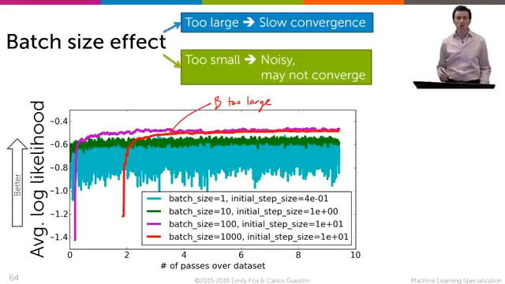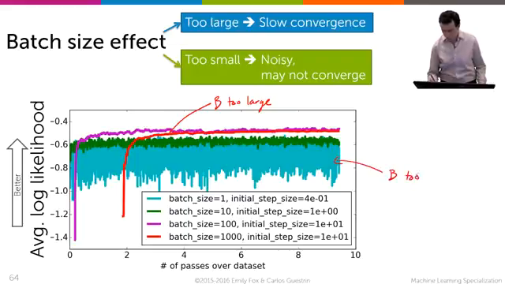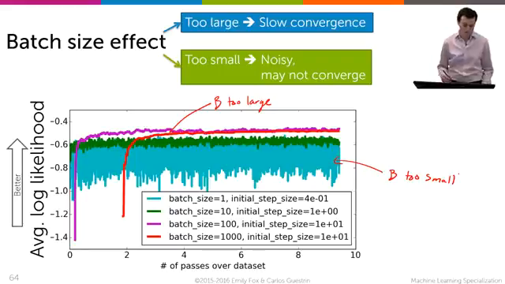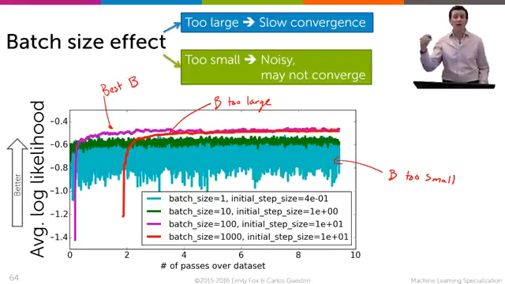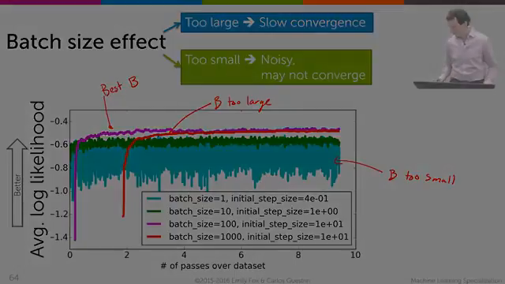If the batch size is too small, you have bad oscillation or bad behavior overall. So with b too small, it doesn't converge very well. But if you pick the best batch size b, you have very nice behavior. You quickly get to a great solution and you stay around it. So picking the right batch size makes a big difference.